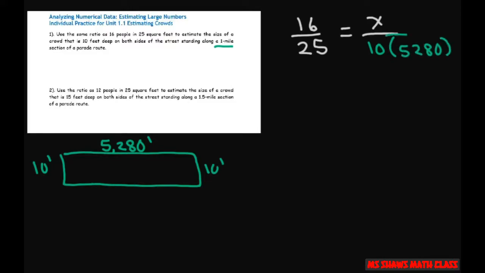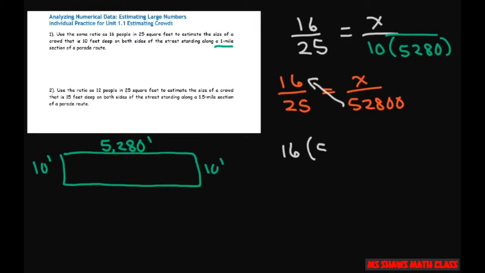All right. So basically we have 16 is to 25 as x is to 52,800. You cross multiply, so you get 16 times 52,800 divided by 25 equals x.